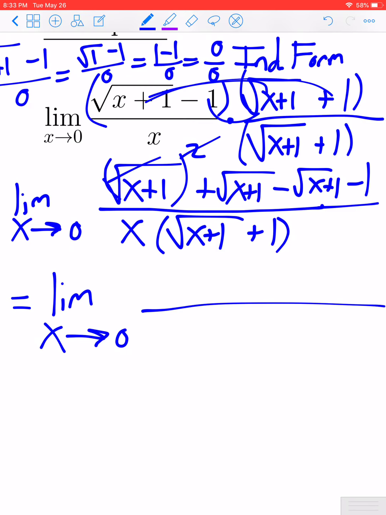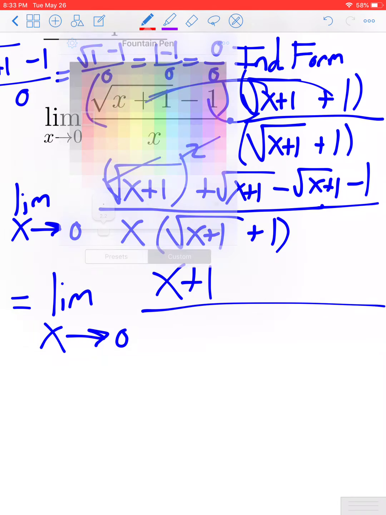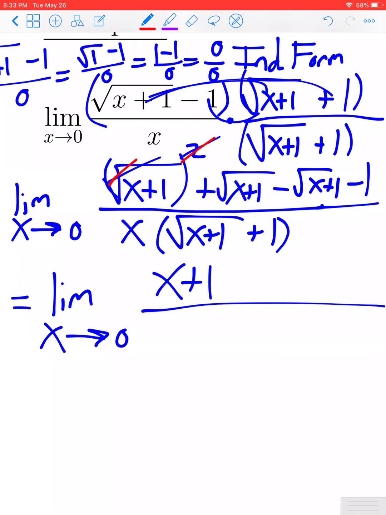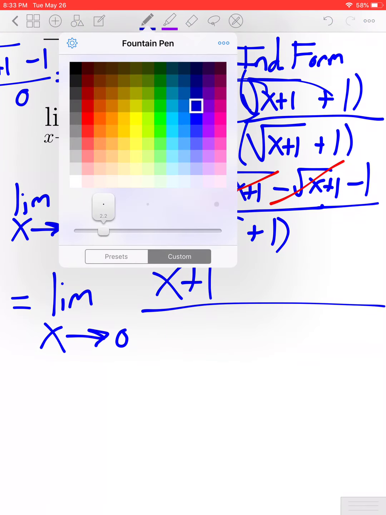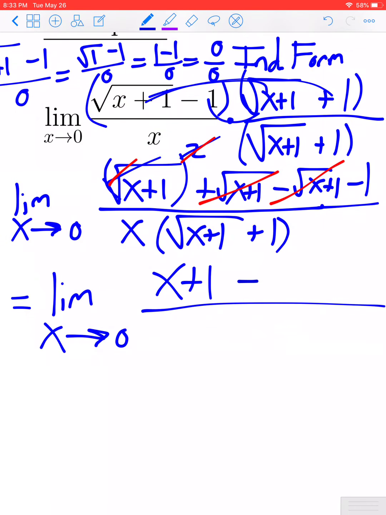The square root and the square cancel, so we get x plus 1. We have a positive square root of x plus 1 and a negative square root of x plus 1. They cancel. We have another negative 1 term up top. And this is all over x times the square root of x plus 1 plus 1.